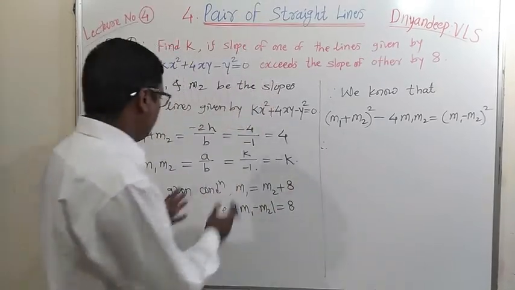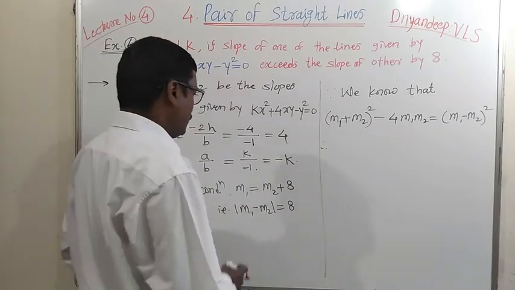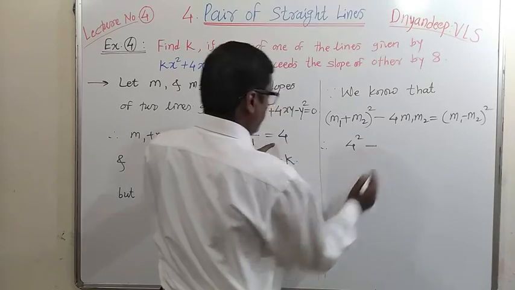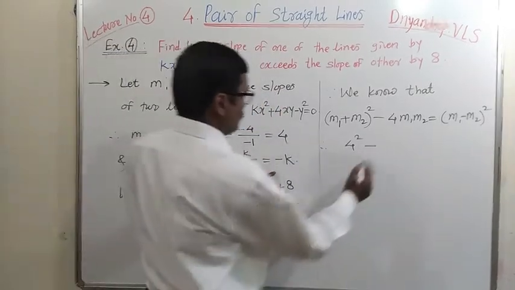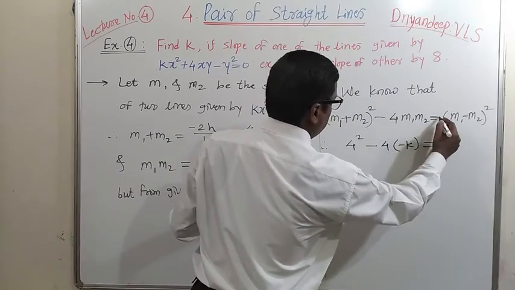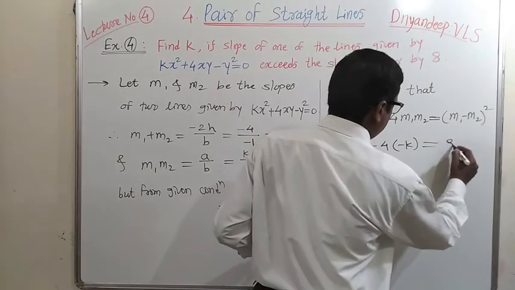Therefore, now use these three values, the sum, product and difference, in this identity. So we get m1 + m2 equal to 4. So 4² minus 4 times m1 m2, meaning 4 into minus k, and this is equal to m1 − m2, that is equal to 8. So 8².